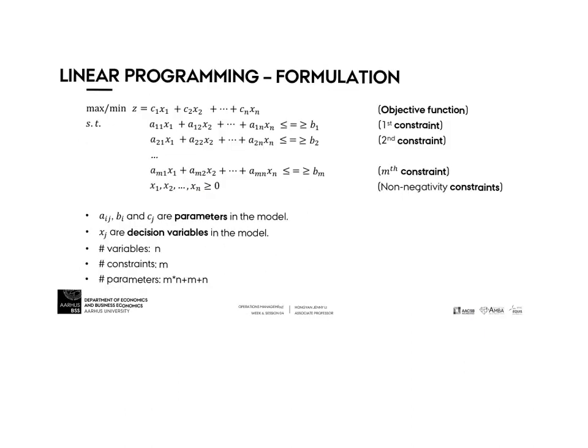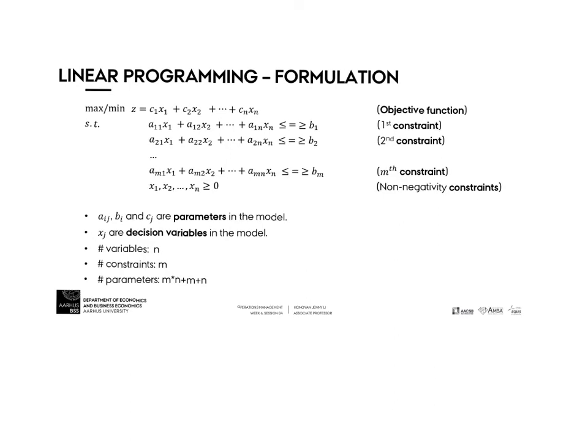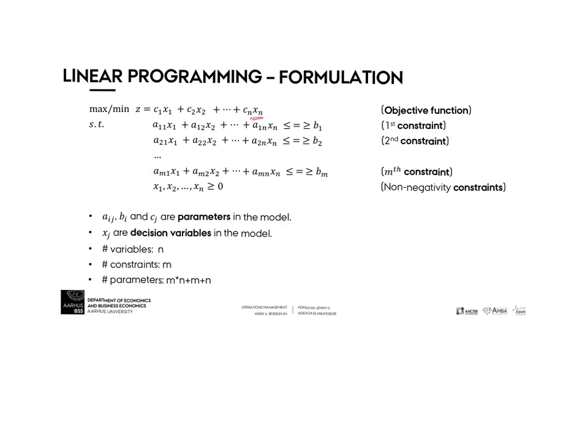Here is a general form of linear programming formulation. It describes all the different types of linear programming models, so of course, it's the most general form. You can see you have n decision variables, you have m constraints, and then the problem can be maximum or minimum, and then you have linear relationships.